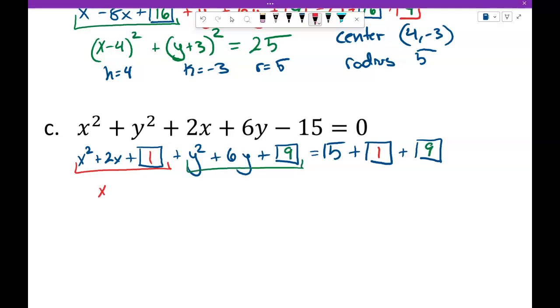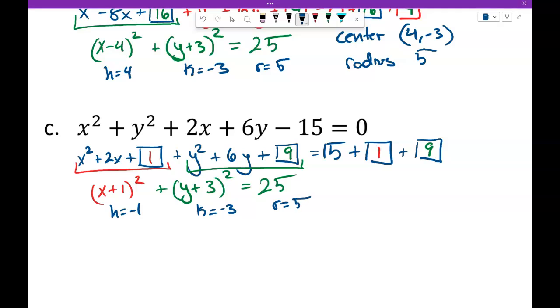We factor these, x plus 1 squared, y plus 3 squared equals 25. h is negative 1, k is negative 3, r is 5, giving us a center at (-1, -3), and a radius of 5.